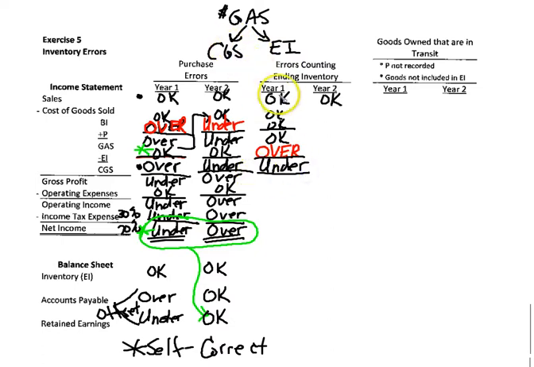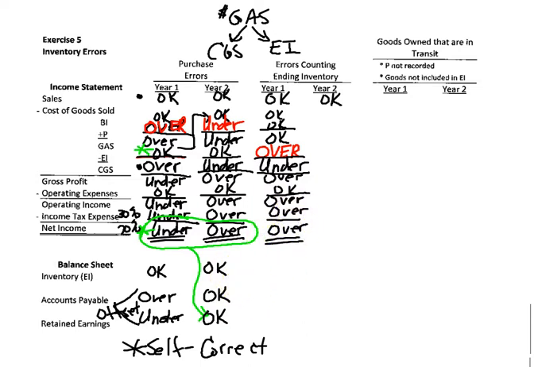Okay, moving on, sales, less cost of goods sold. We have too small of an expense, so it's going to be overstated. Assume nothing's wrong with operating expense, then operating income, taxes based on that, and net income will all be overstated.